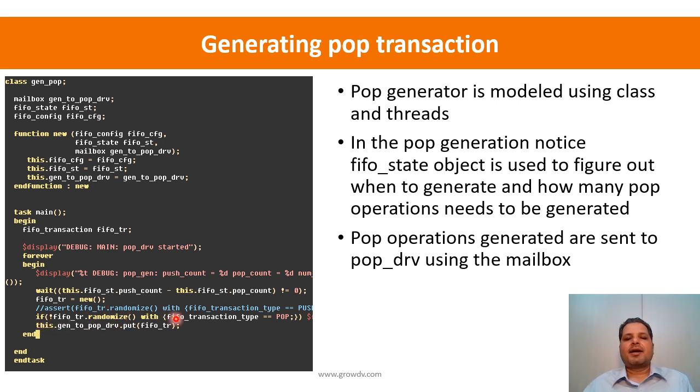Pop randomize doesn't have much of a value. I have done it just to show the uniformity. The only value over here is that we set the transaction type to pop. So if we have any constraints within the class, that gets overridden with the inline constraints over here, and then we put that particular transaction into the gen to pop driver.